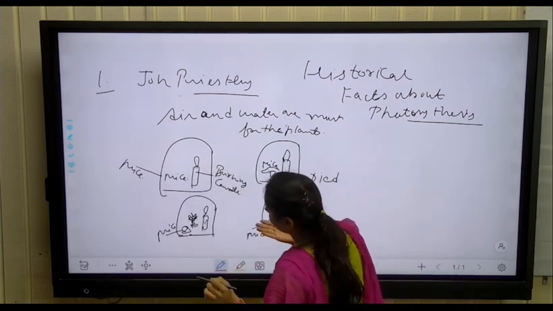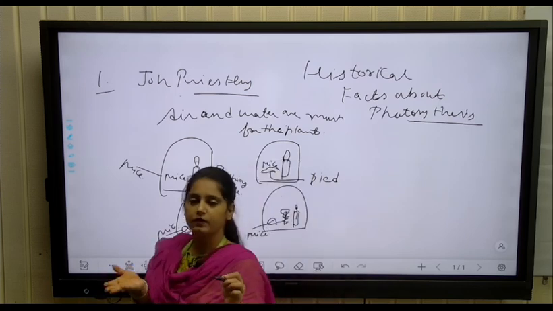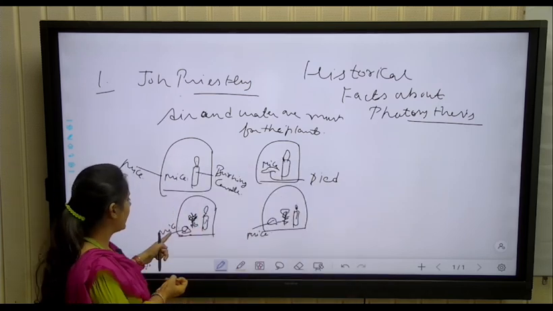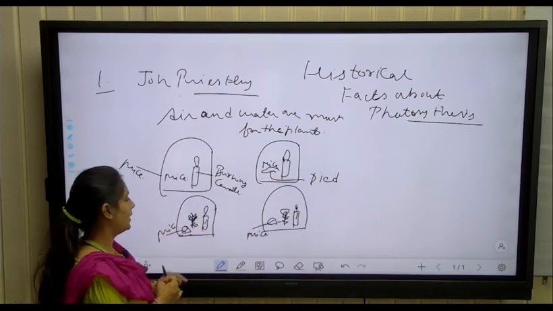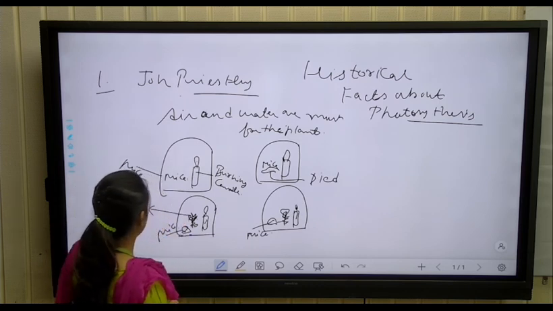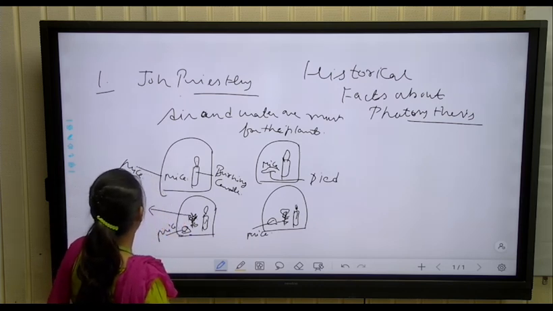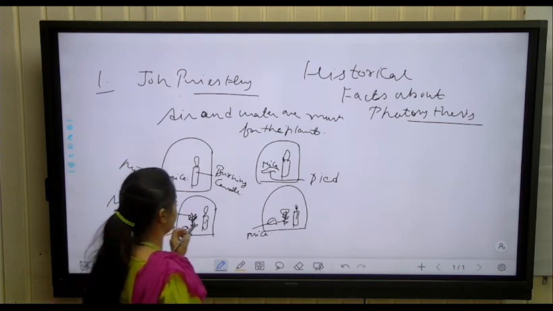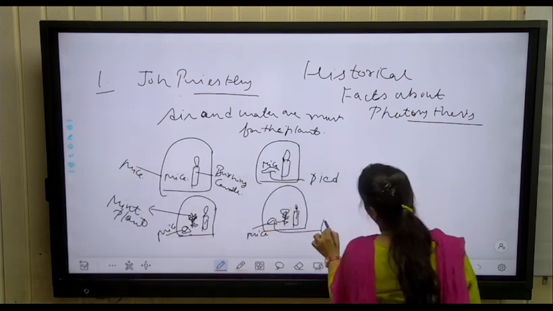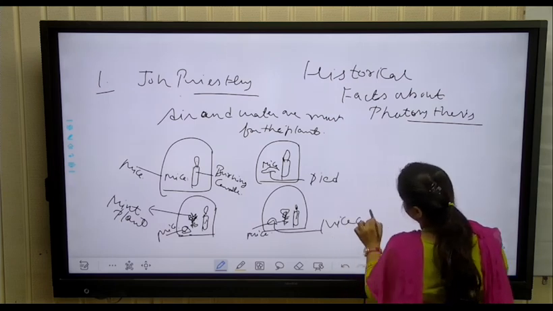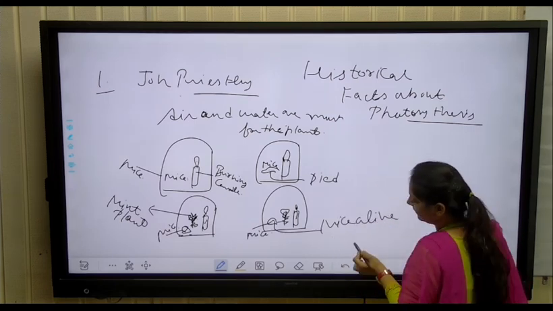In another jar he placed the burning candle and the mice, and along with those two, he also placed a mint plant, and in that jar after some time the mice was alive. It was not dead, it was alive.